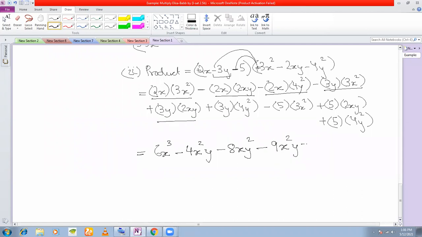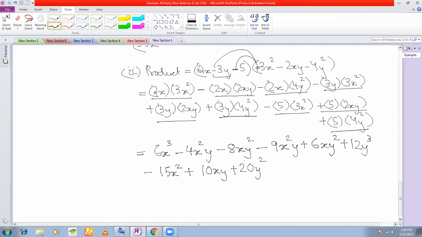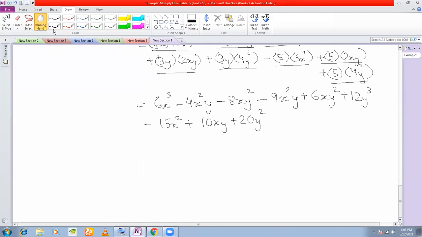Then you have a plus 6xy square. Next again, you have a plus 12y cube. Next, you have a minus 15x square. Next, you have a plus 10xy. And again, you have a plus 20y square. Okay. So now we look for like terms.